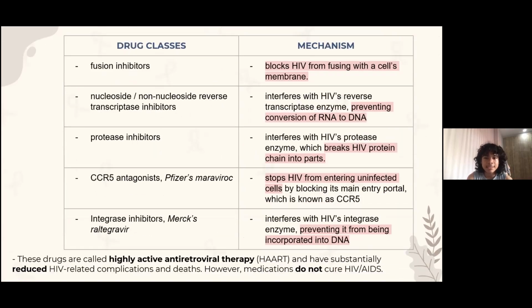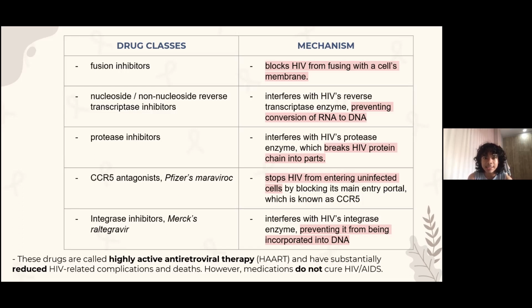Over the past years, many drugs have been developed to combat HIV and its associated infections. These drugs are called highly active antiretroviral therapy, known as HAART, and these drugs have significantly played their role in reducing HIV-related complications and thus avoiding deaths.